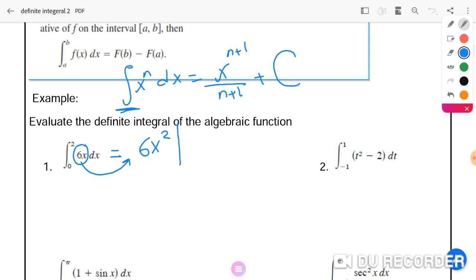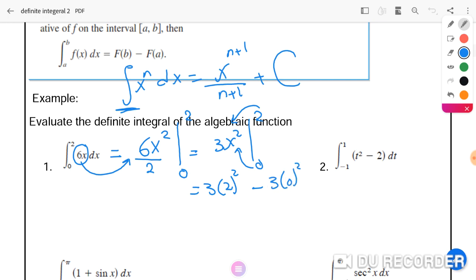From 0 to 2. Sorry, I increase over 2. It must be written in the simplest form. It will be 3x squared from 0 to 2. Replaced by the upper limit of the integration, it will be 3 times 2 to power 2, minus, after we replace by the lower limit of integration, 3 multiplied by 0 to power 2.